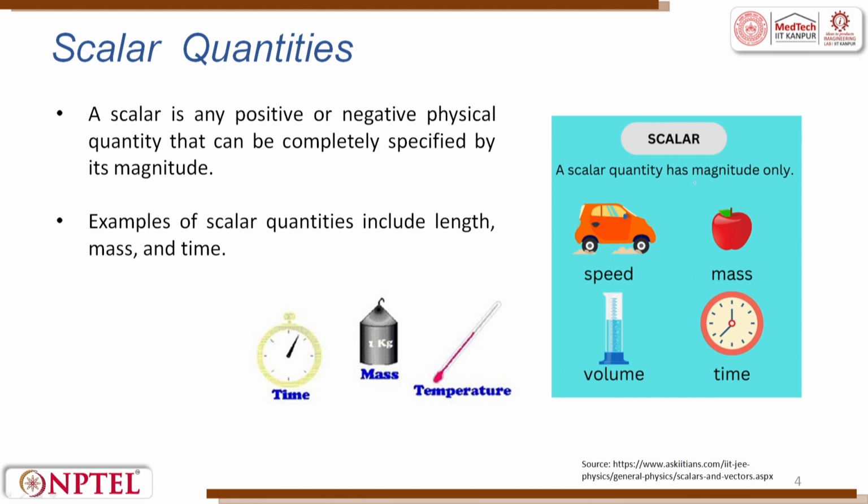Volume can be expressed in terms of liter or it can be expressed in terms of millimeter cube or centimeter cube or kilometer cube, whatever it is. Then time in seconds. A scalar is any positive or negative physical quantity that can be completely specified by its magnitude. It can be positive or negative.